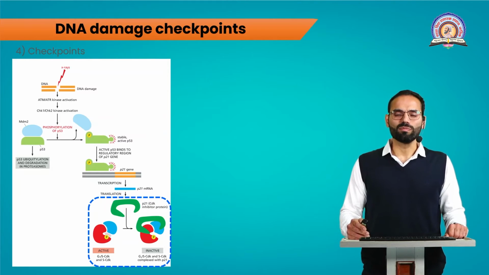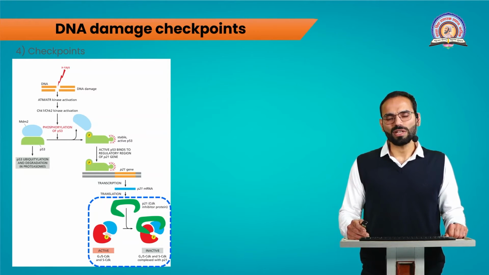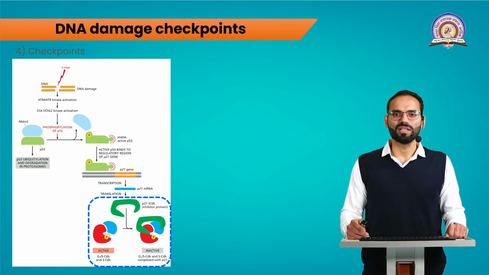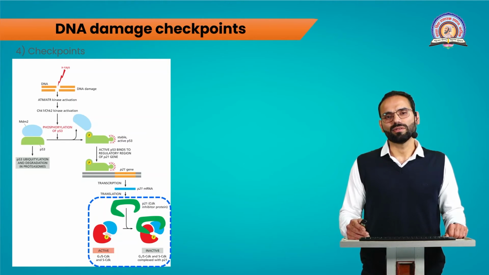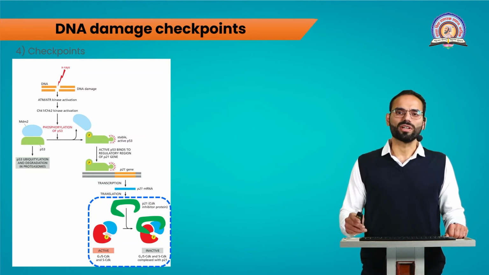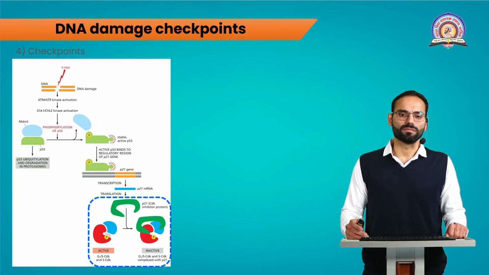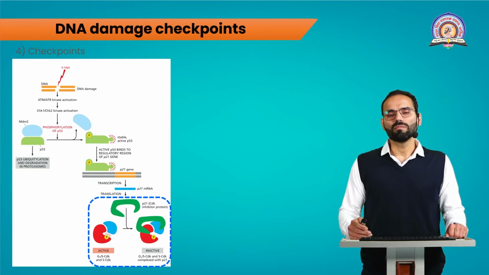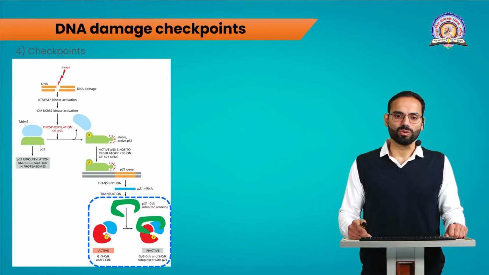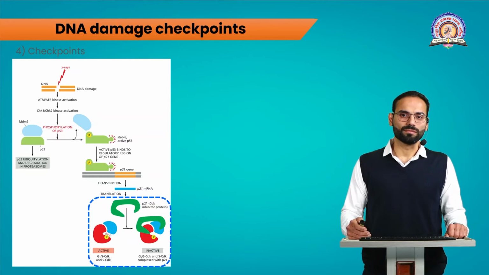Tightly bound p21 results in a conformational change in the cyclin-CDK complex, and that leads to its inactivation. As we already know, once the cyclin-CDKs are inactive, it leads to complete inhibition of cell cycle transition. This is how p53 plays a very important role in cell cycle transition.